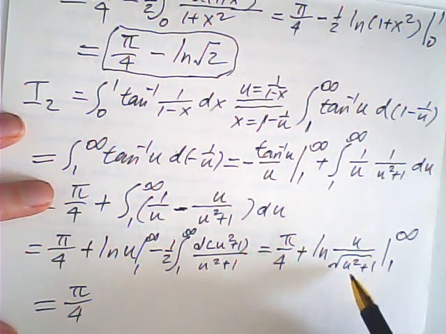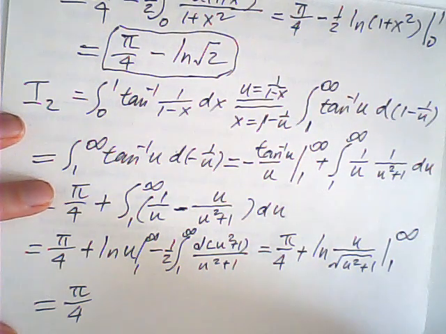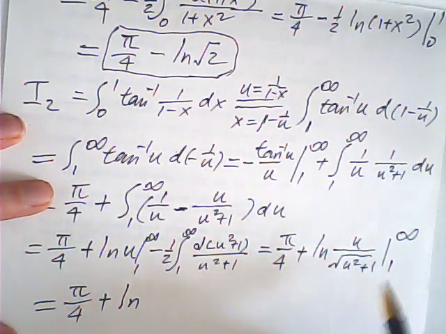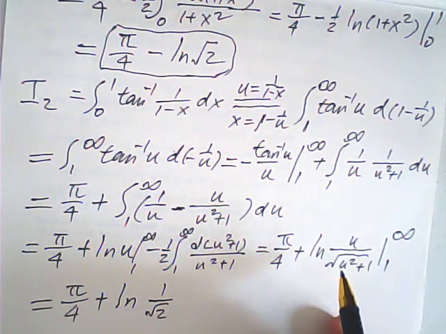This is when you take infinity as 0, because log 1 is 0. The other one is plus log 1 over square root 2, isn't it?